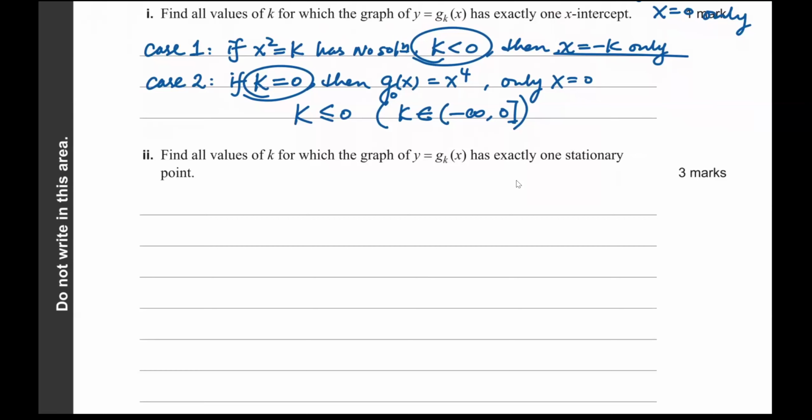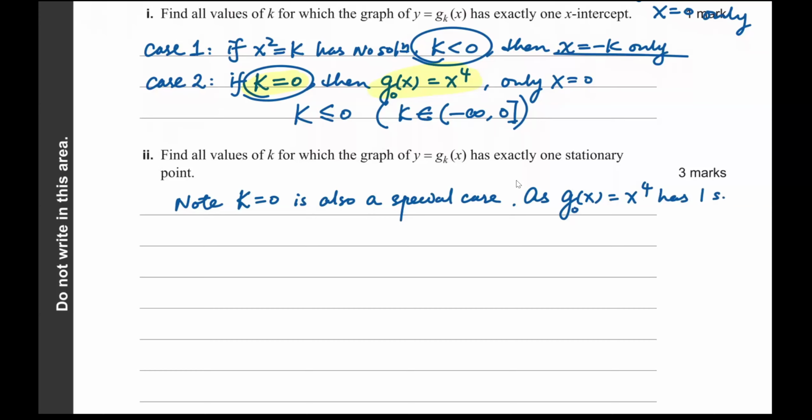Find all values of k for which the graph has exactly one stationary point. Again, like this one, I definitely know k equals 0 is one answer, because note k equals 0 is also a special case, as g naught of x equals x to the power 4 has one stationary point, like that.